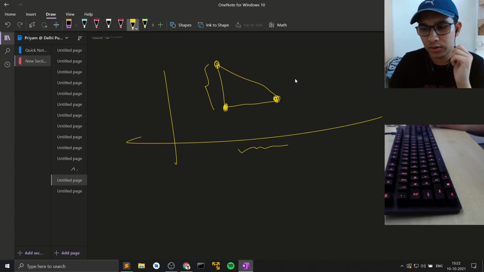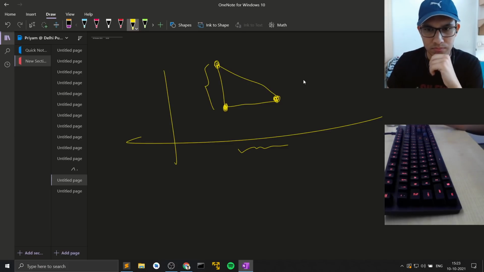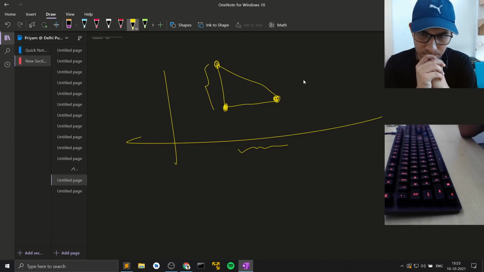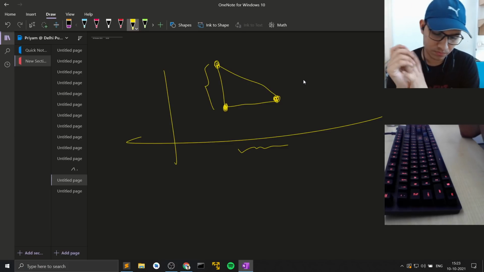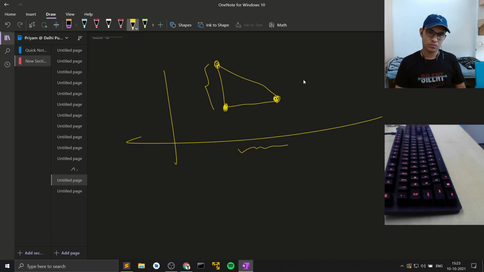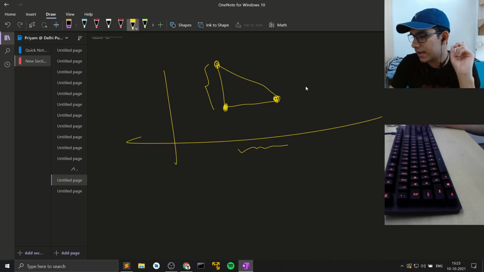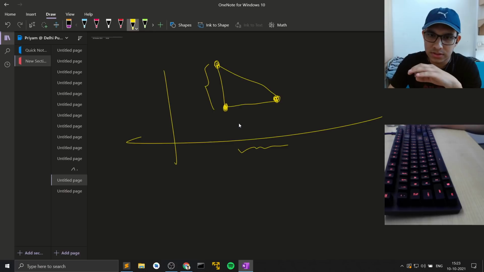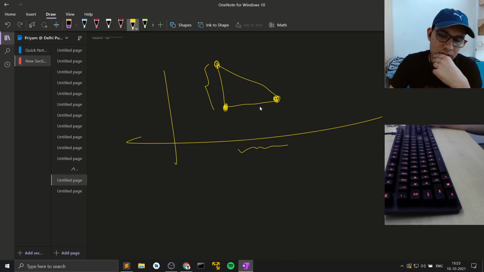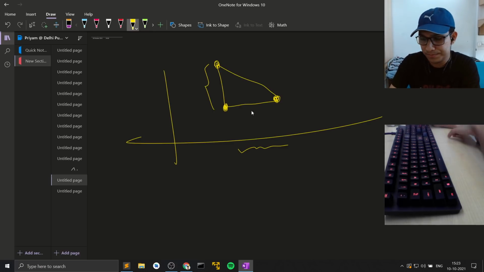What else can I not select? For right angle triangle, I can definitely not select them because for any two of these points, either the difficulty is same or the topic is same, right?